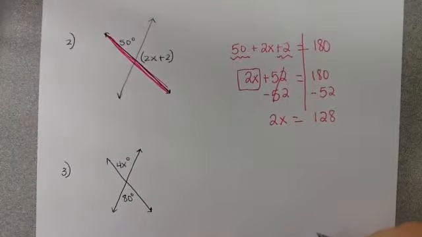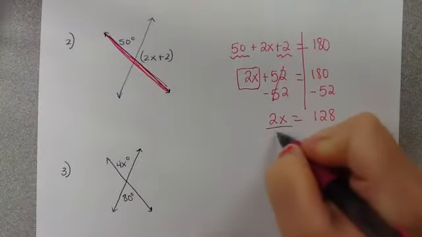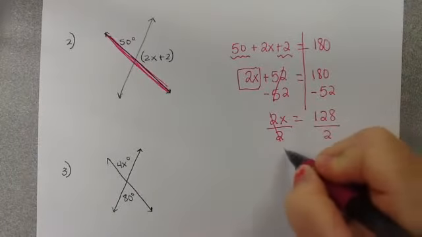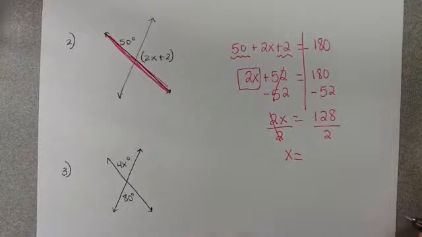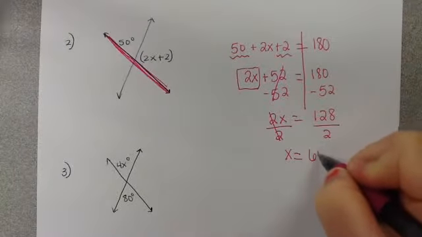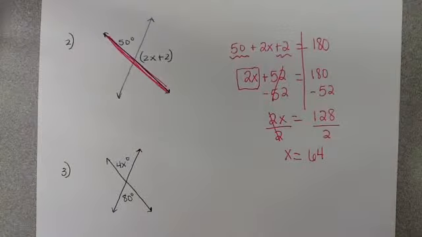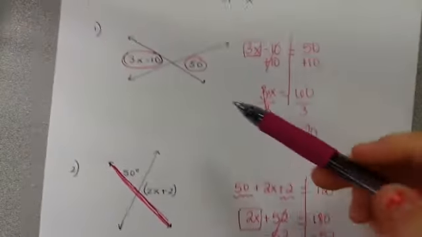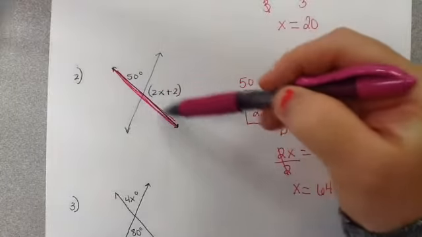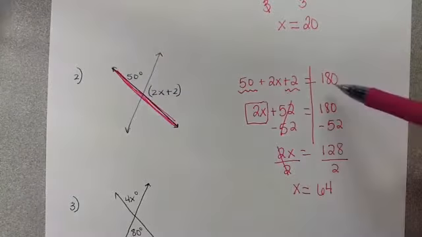And lastly, how do you solve for x? Divide by 2. X equals 64. So if the angles are across from each other, we know they are equal. And if they make a straight line, we know they add up to be 180.